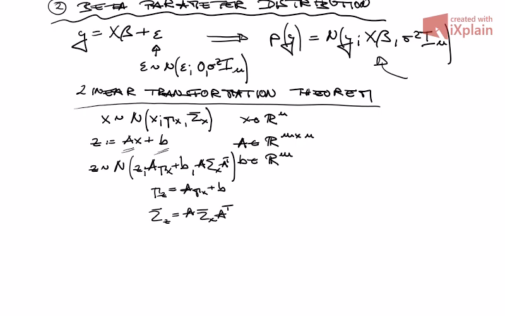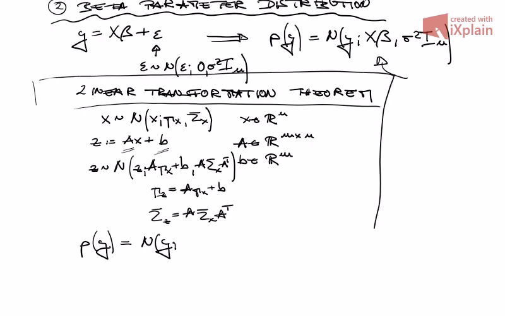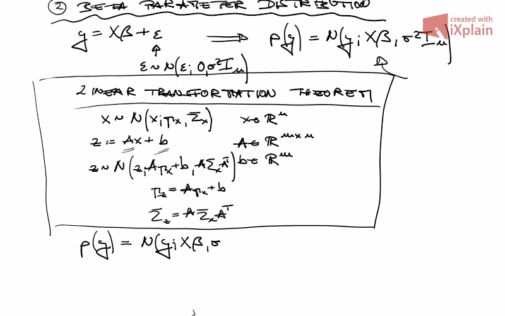So what we know is that our p(y) is, I draw a little box around this, this is just background, that p(y) is N(X beta, sigma squared I).